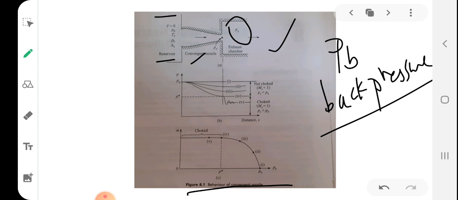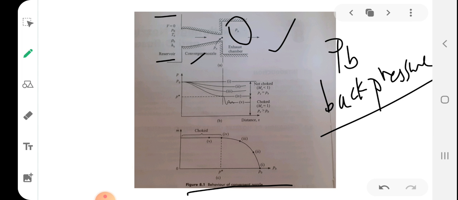This back pressure can be adjusted using a valve. If we are able to adjust the back pressure of the chamber to which the flow is discharged, then how does the mass flow rate inside the convergent nozzle change with respect to the variation in back pressure?